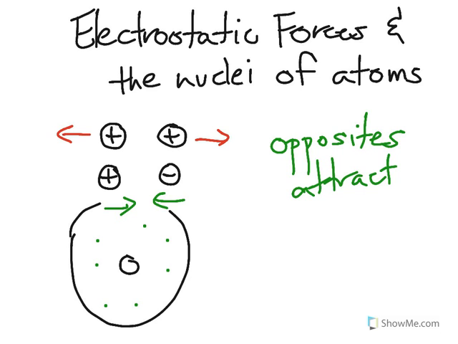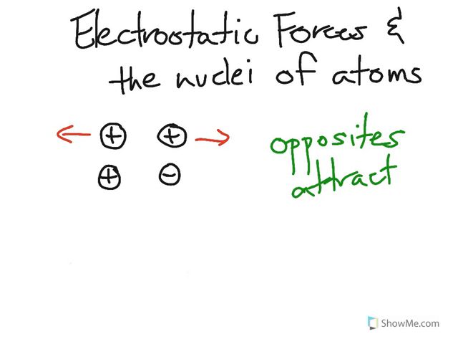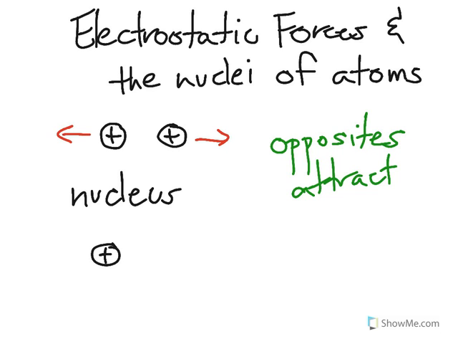But let's actually challenge the structure a little bit, and I want you guys to come back into the lecture and tell me what is holding the nucleus together, because it actually doesn't make any sense. Now, from your previous science courses, you know that the nucleus of an atom contains the protons and neutrons, and then the electrons are just on the outside.